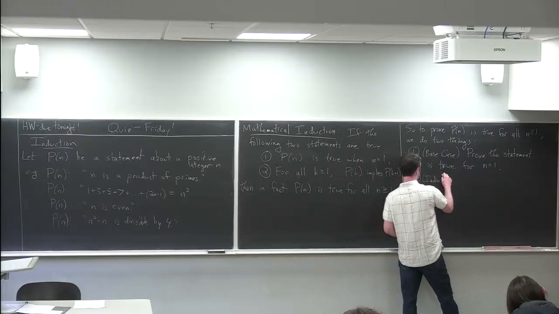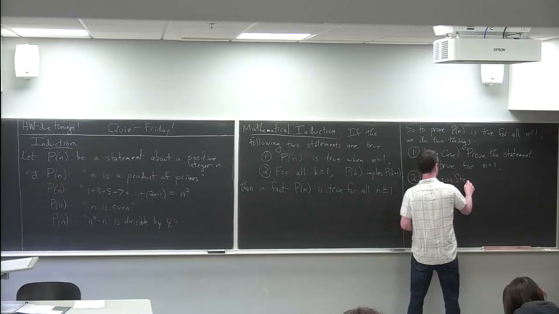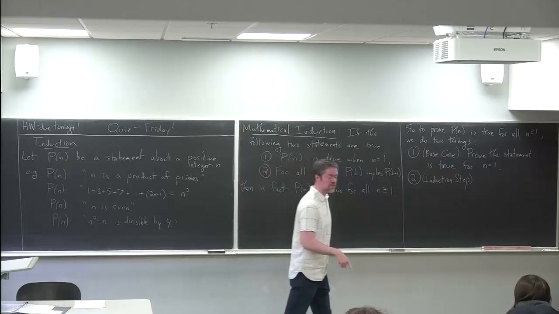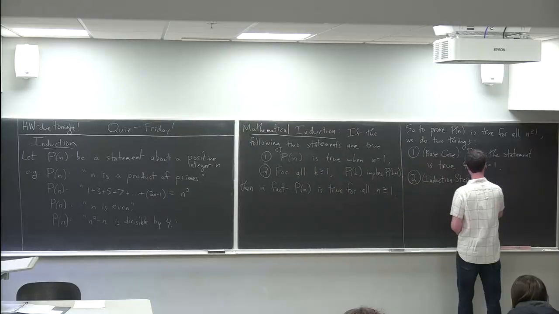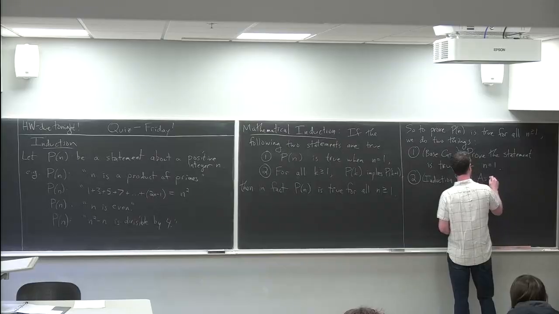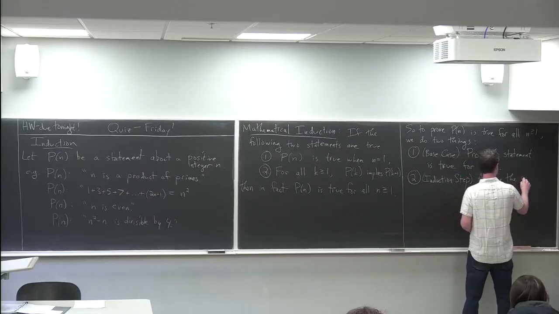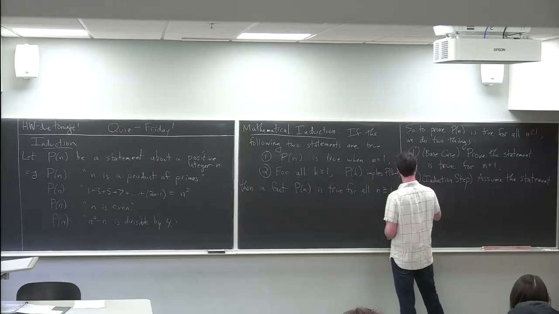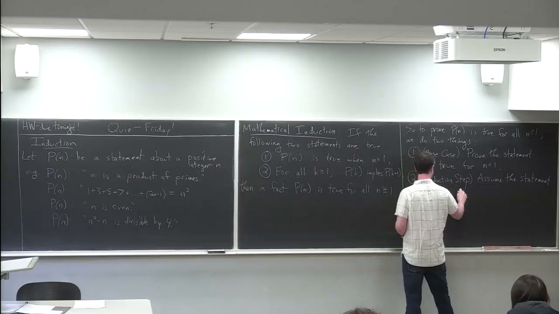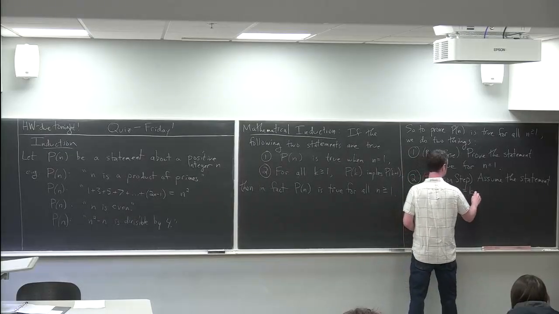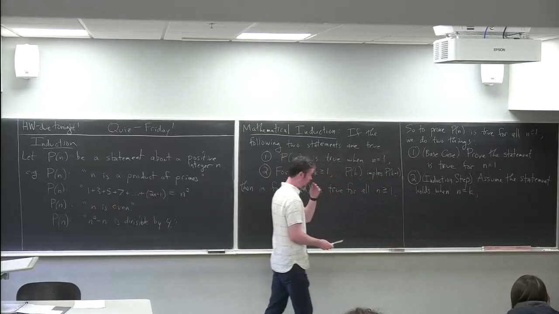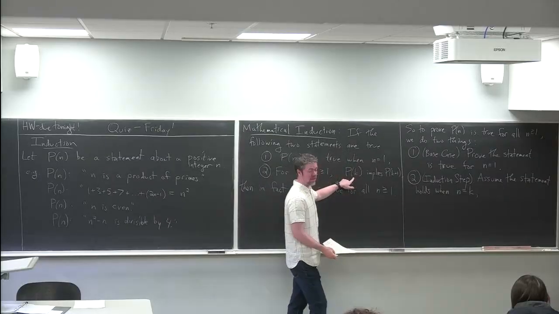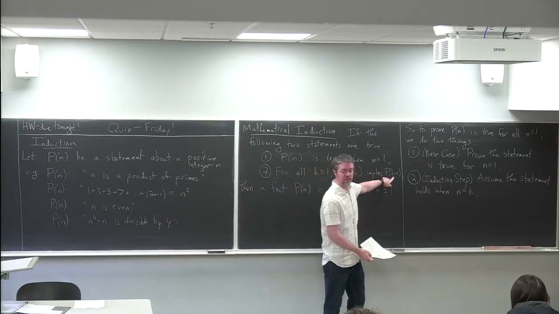So in the induction step, what you get to do is assume the statement holds for some integer. So you, let's say, assume the statement holds when n is equal to some integer k. Like in the case where n is a certain value, let's just call that thing k right now. Assuming this, you have to do some work to establish why it is true.